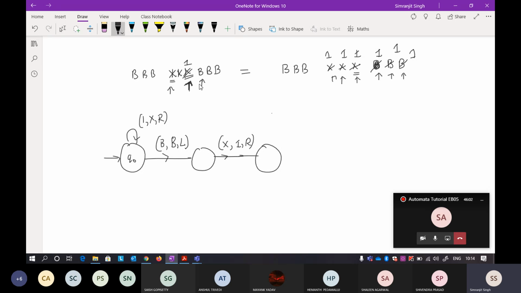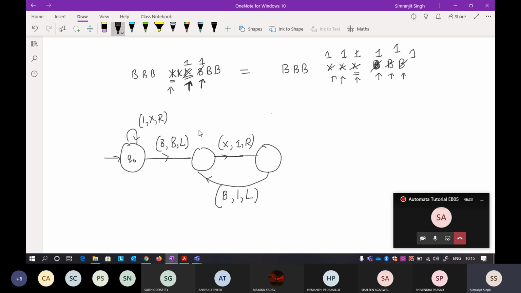I will get a blank. Now this blank will be changed to 1, so I'll loop it here. This blank will change to 1 and I move to the left.